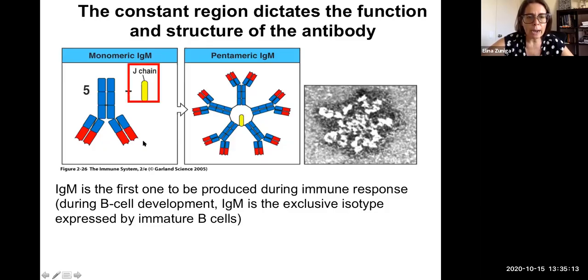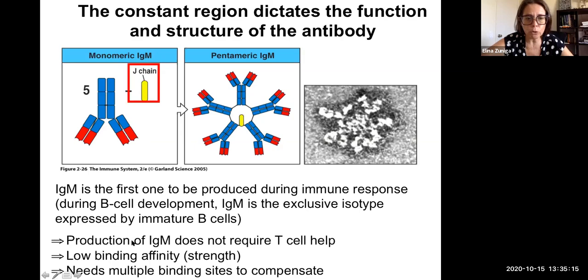And so IgM is produced early on, and because it's the first one to be produced, it does not require T cell help. T cell help is necessary for changing from IgM into another isotype, or any change in the isotype.